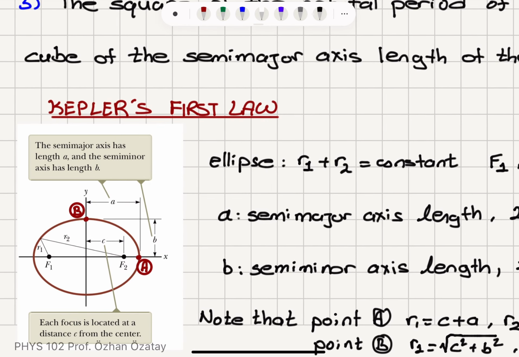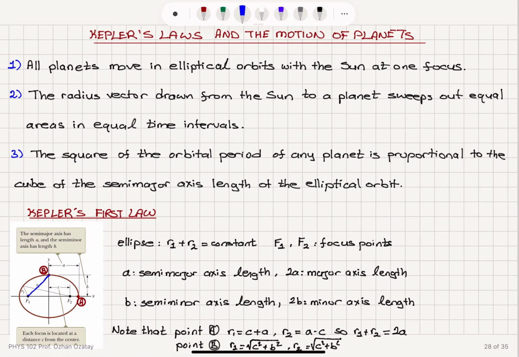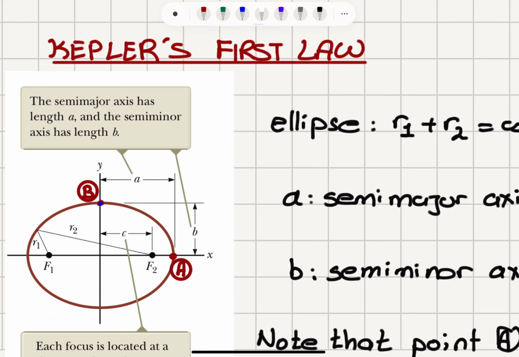So if you look at point B here, you can see that I'm going to find a right triangle. This distance is c, this distance is the semi-minor axis length b. So the distance from focus point 1 to point B would be the hypotenuse of this right triangle. So this is my distance r1 from focus point 1 to point B, and that is basically a part of this right triangle.